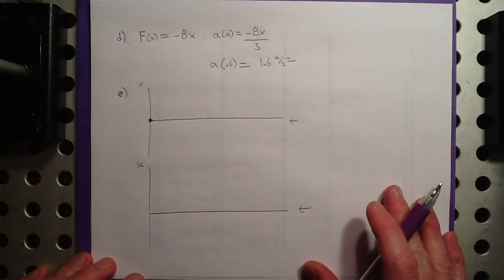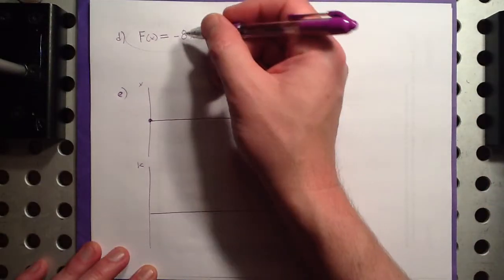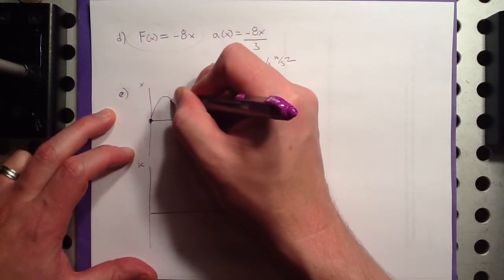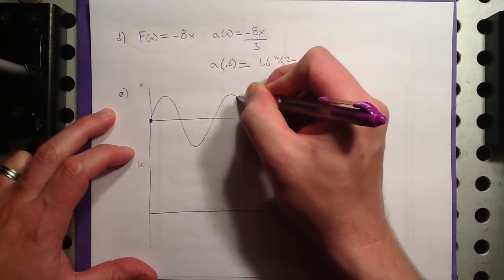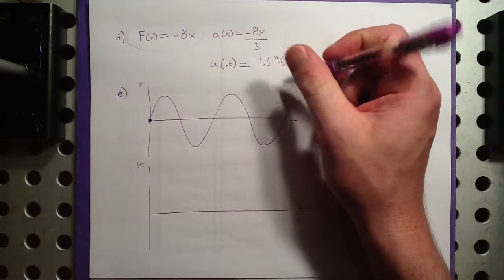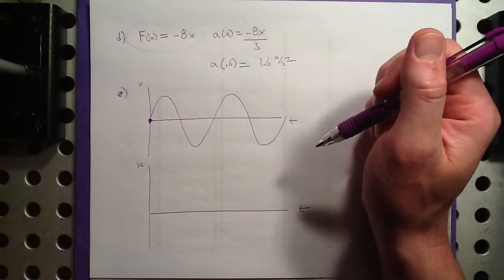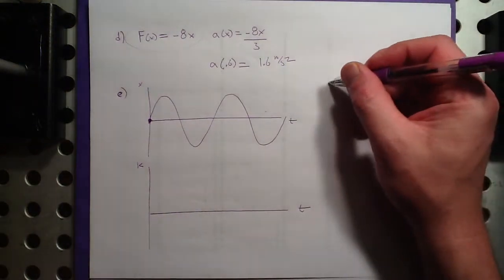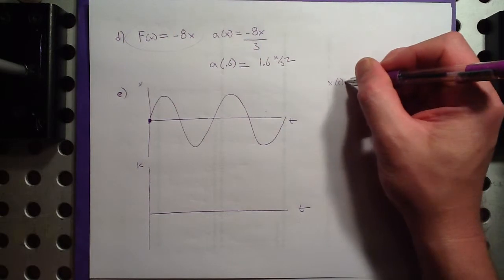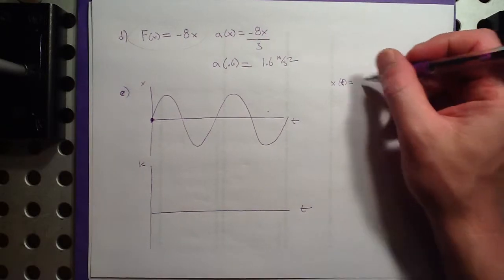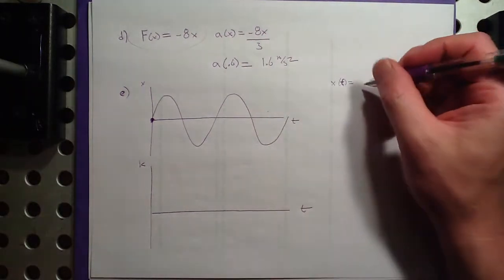If this is a spring oscillating, if we realize that it starts here, then we've got some kind of sine curve like this. Draw two periods there. Now, it's a little bit tricky here. It might help to think about what the velocity curve would look like before we get to here, because x of t would be equal to some kind of sine graph, right?